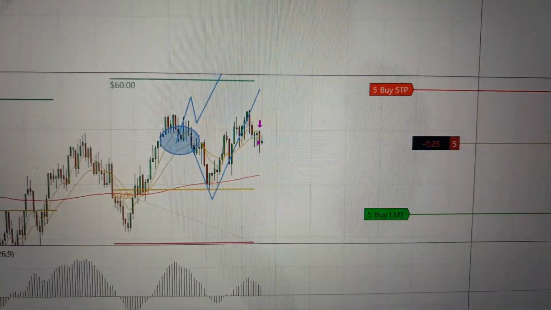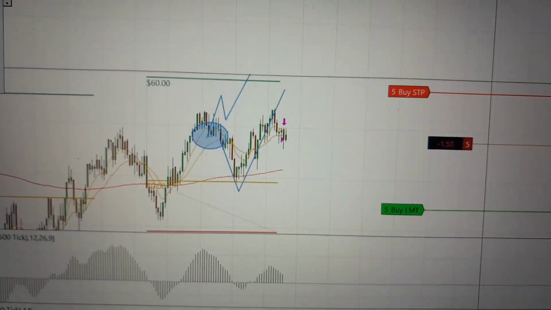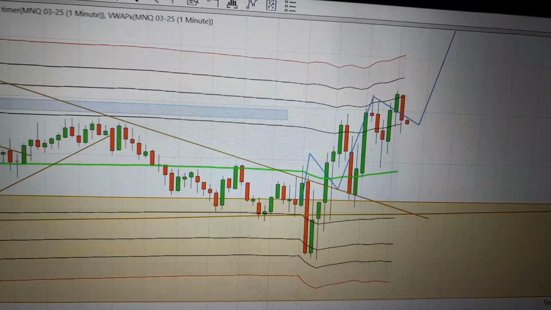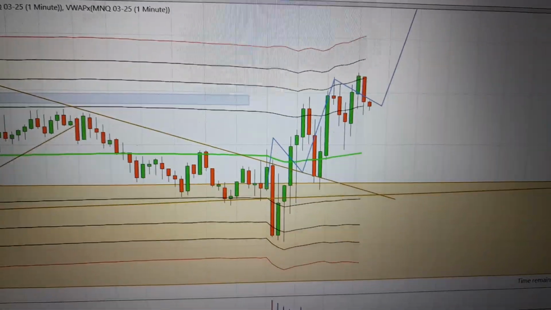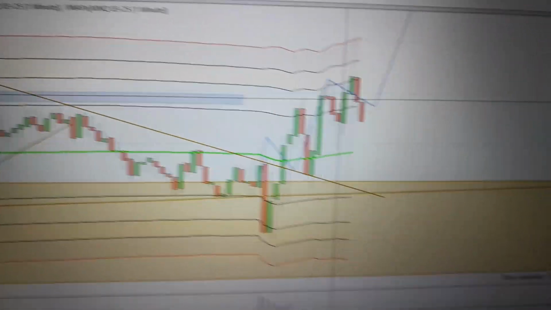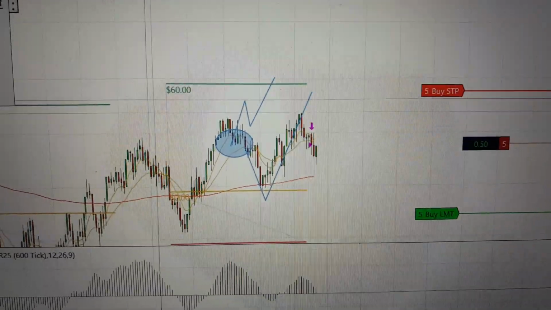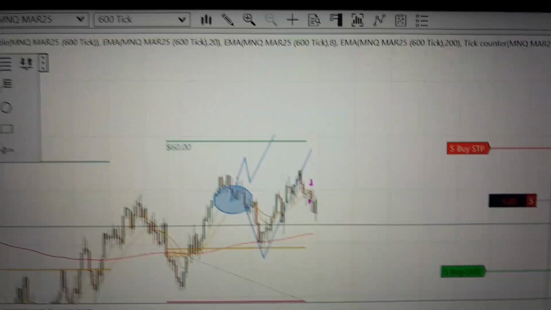Alright, so I took a short here. The volume here is showing me a bearish move. 1 touch, 2 touches, 3 touches. But we'll see.